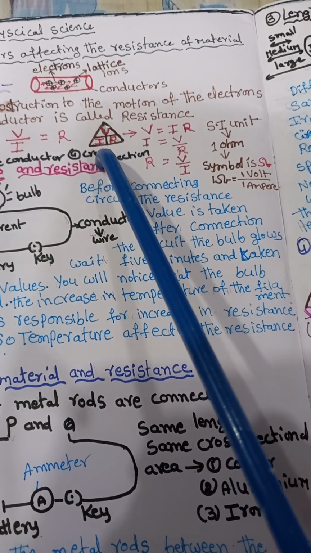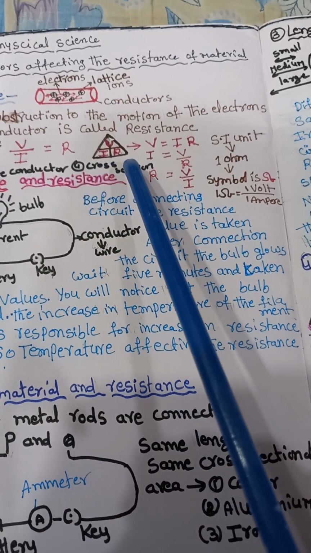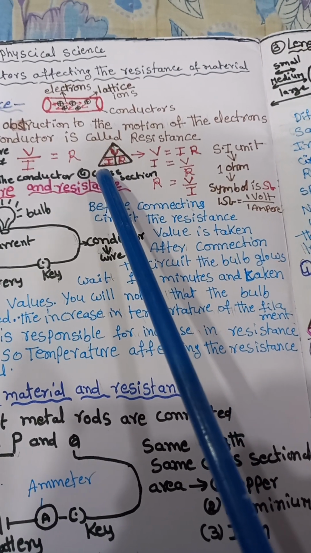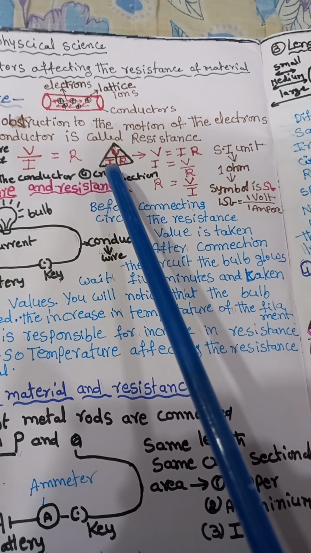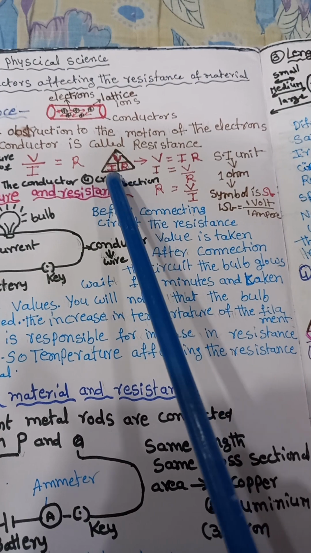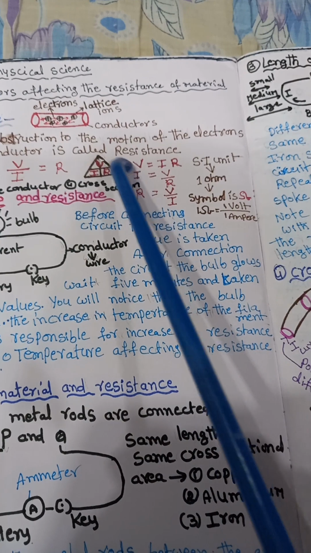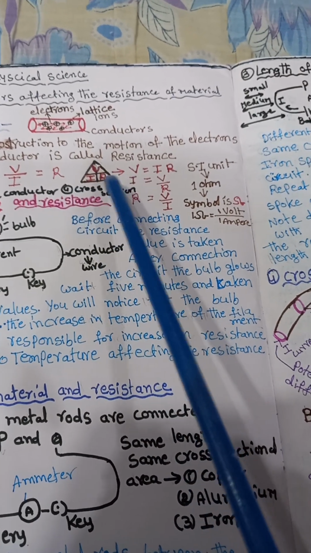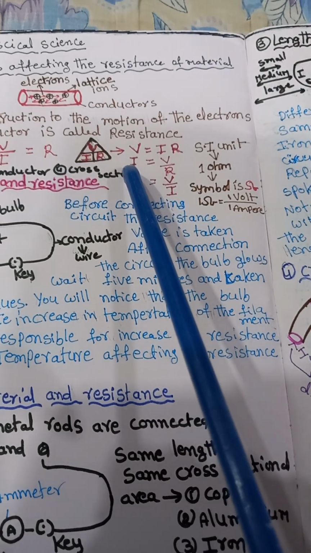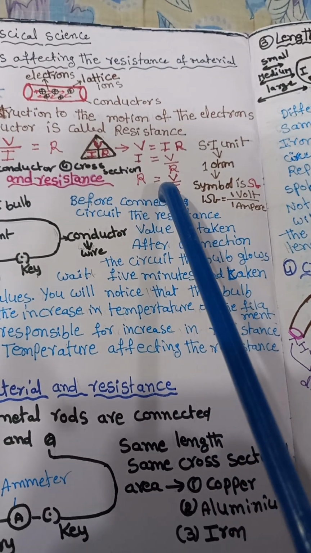Like this we can also say the triangle of V, I, R. So from this triangle we can say V is equal to IR, I is equal to V by R, and R is equal to V by I.